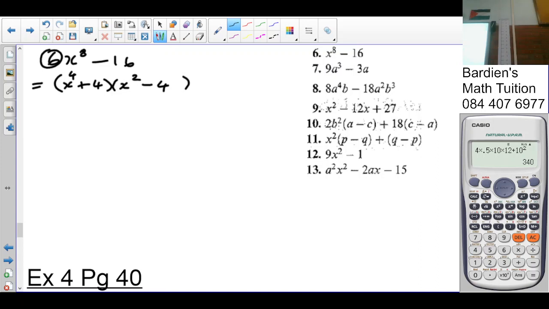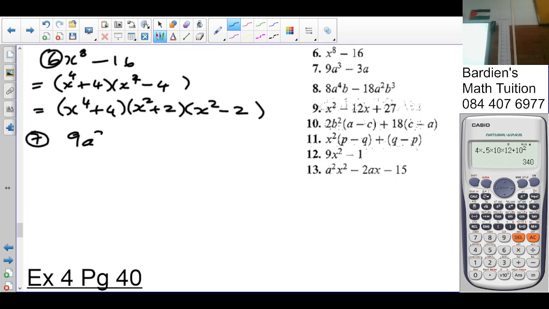Difference between 2 squares, not so? But the plus, you can't do anything there. So that's going to give you x to the 4 plus 4, then x squared plus 2, x squared minus 2. Can I take the difference between 2 squares on the last bracket? No.